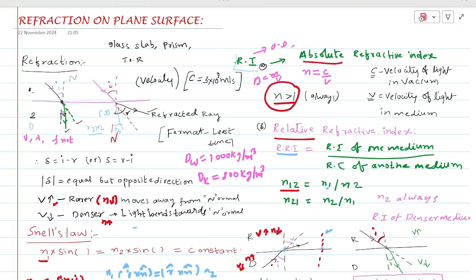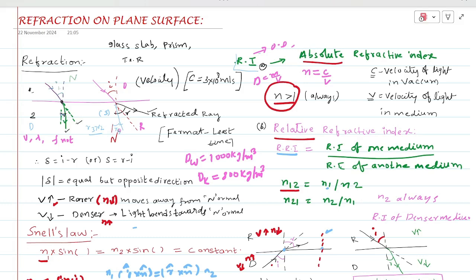And in the denser medium, light bends towards the normal. That means traveling from rare medium to denser medium, it bends towards the normal. Light traveling from denser to rarer medium bends away from the normal. By the given angle of refraction, we can tell whether the medium is denser or rarer.